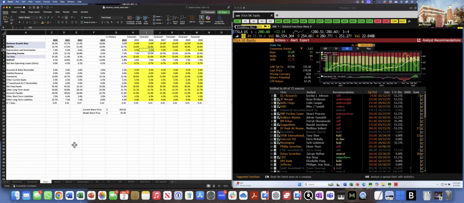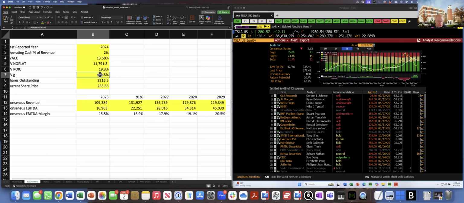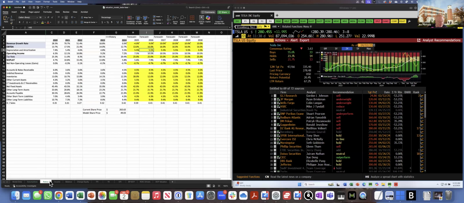So we're at 80, but the other problem is this one. This G of 12.5% is very high. It just says they're going to keep growing at 12.5% a year forever. That might start to come down. So even if I made it 11.5%, 11%, then I'm back to $50 a share.